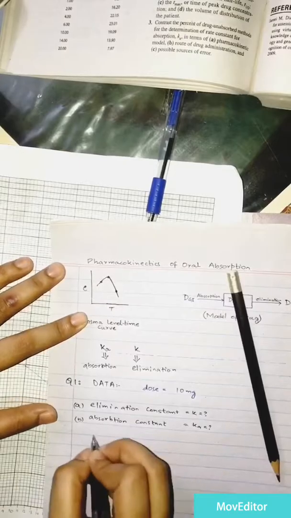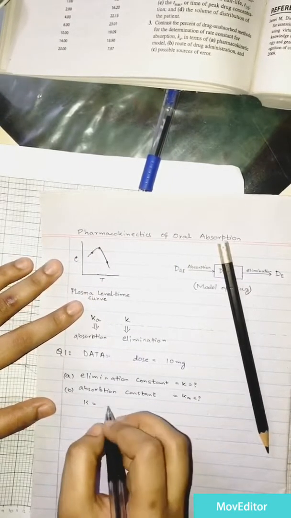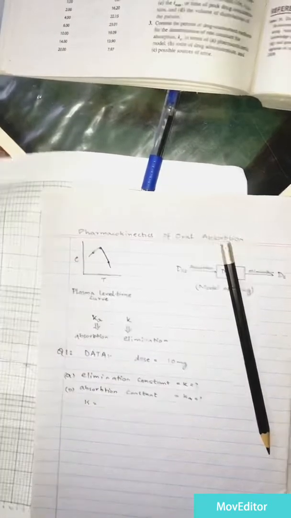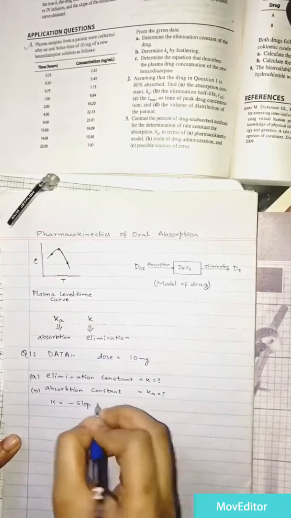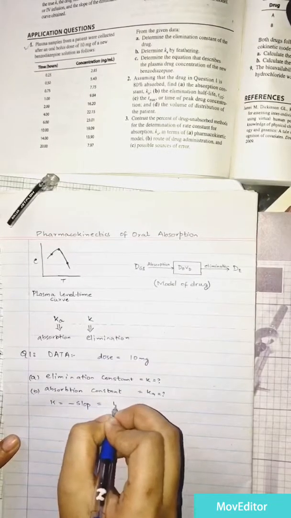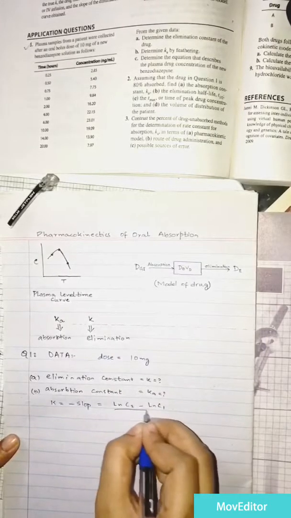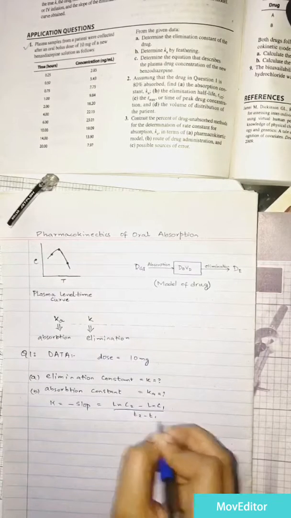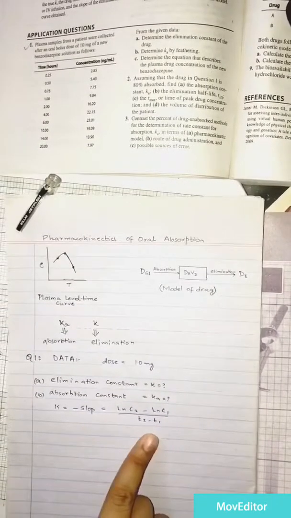For K, as we used in the one compartment model with IV bolus, K is equivalent to the minus slope, and slope is equivalent to ln C2 minus ln C1 over T2 minus T1. We can get C1, T1 and C2, T2 by extrapolating.